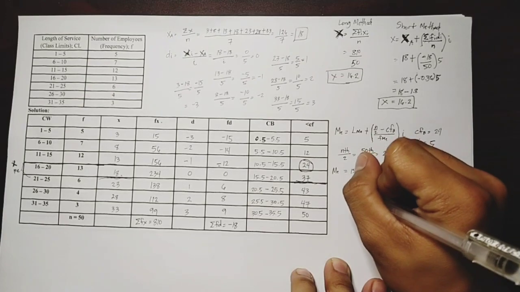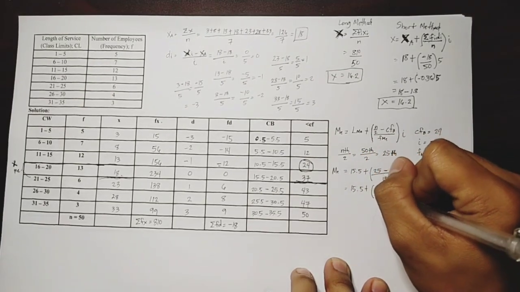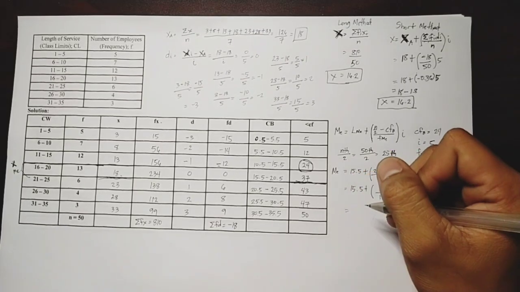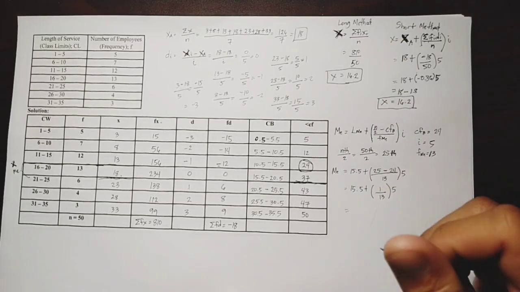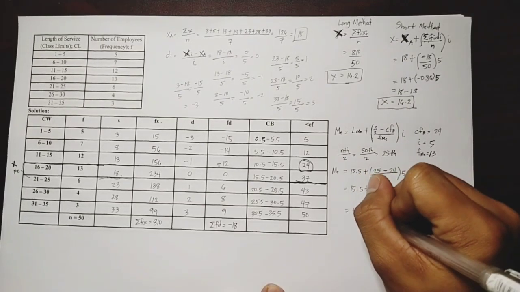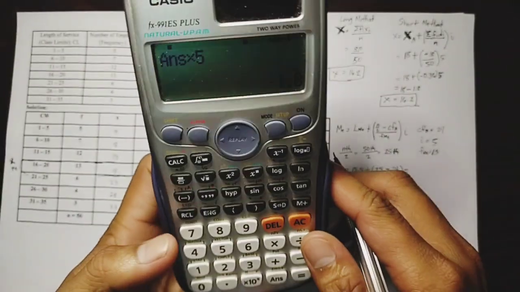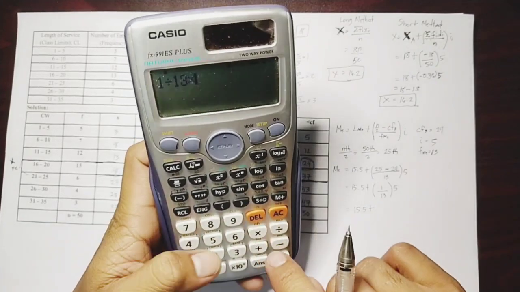Next, we have 15.5 plus 1 over 13 times 5 equals... 15.5 plus 1 divided by 13 times 5.